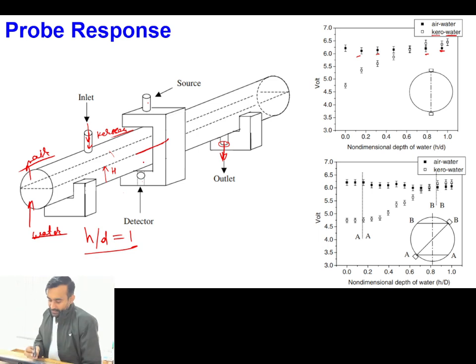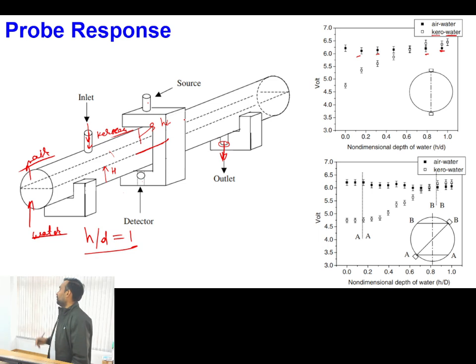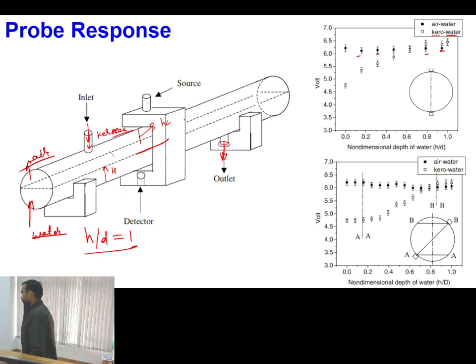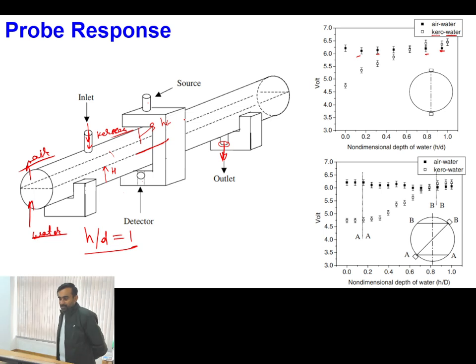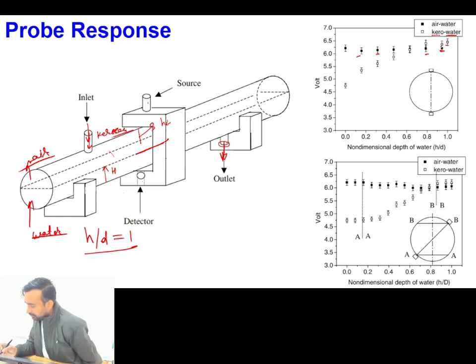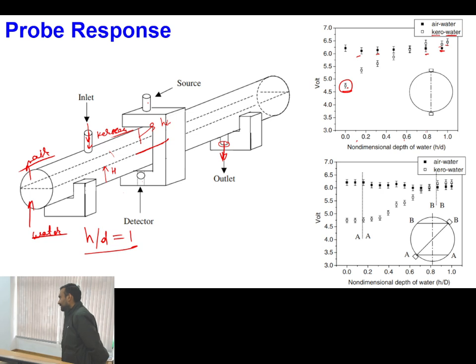Moreover, the light absorption coefficient of kerosene is higher in comparison to that of water, whereas for air and water, these light absorption coefficients were almost in the same limit. So now you can see that whenever you decrease the height of the water, the value of the signal also decreases.